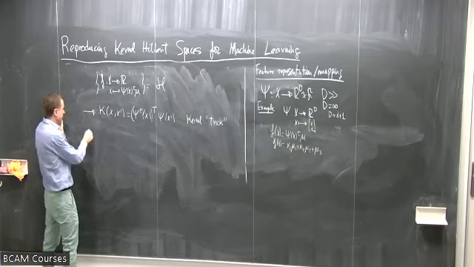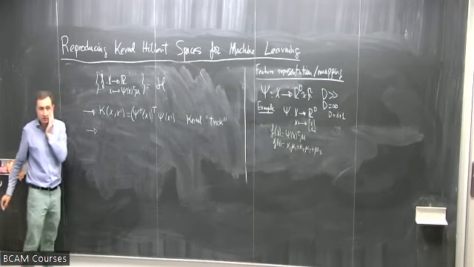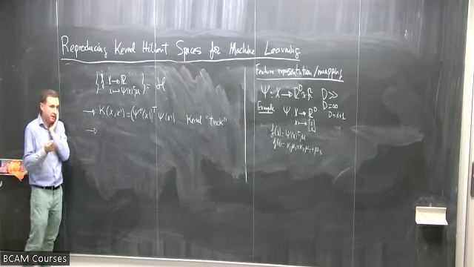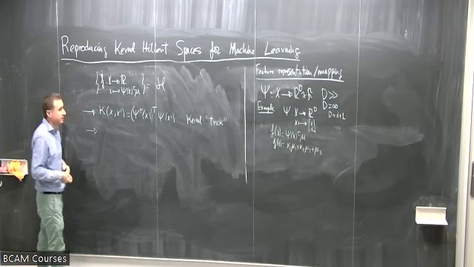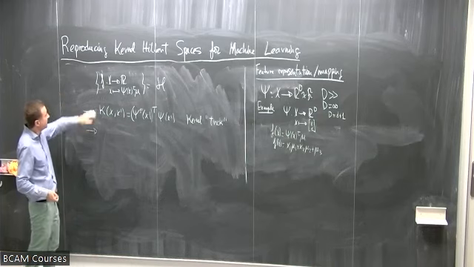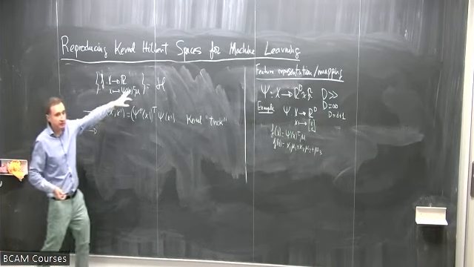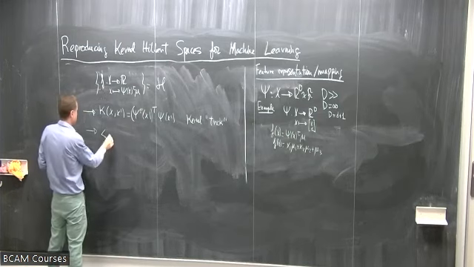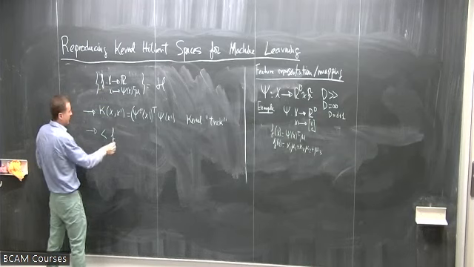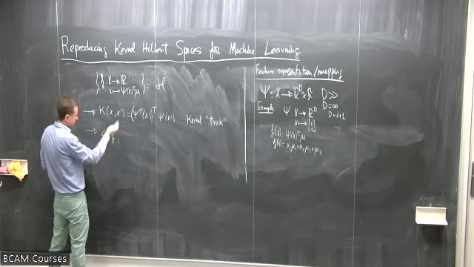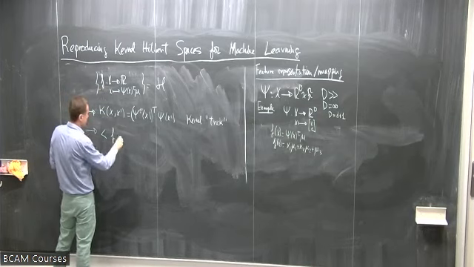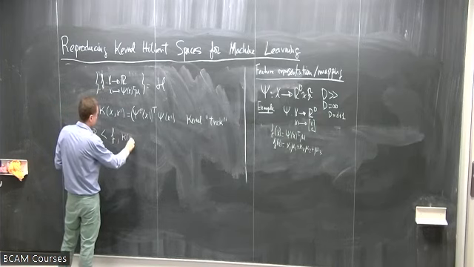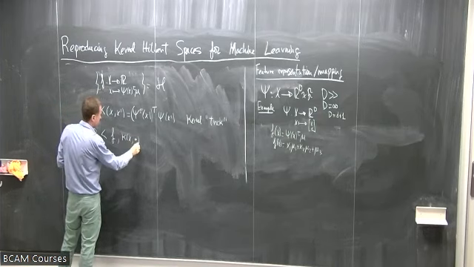And then the other property, which now might seem very strange, is that these functions are going to live in a Hilbert space, and then I will do the inner product of functions in that Hilbert space with sections of the kernel.